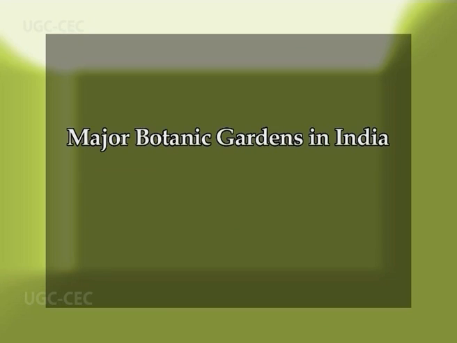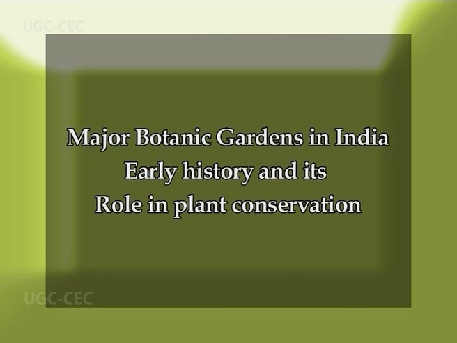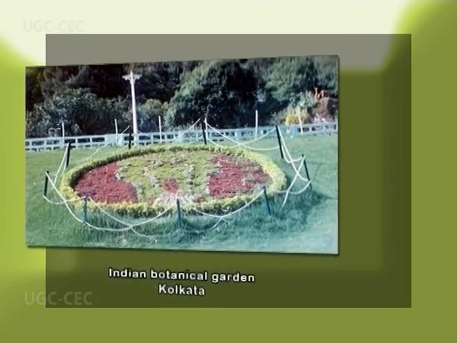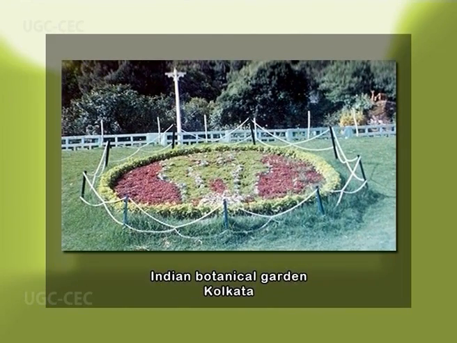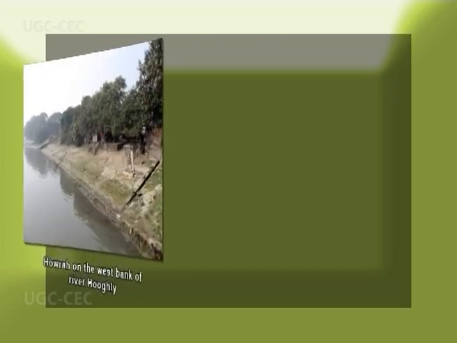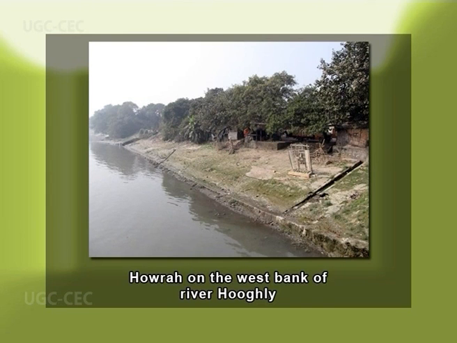Now we will discuss major botanic gardens in India, early history and its role in plant conservation. Number 1. The Indian Botanic Garden, Kolkata, formerly known as the East India Company's Garden. It is situated at Howrah on the west bank of river Hooghly.